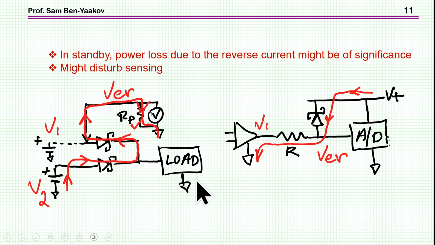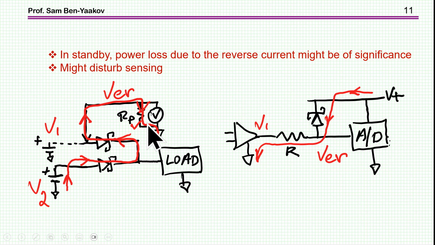I'm bringing here two cases which are related to sensing, you might say. Here I'm showing a case in which you have an OR arrangement between two power supplies, say two batteries feeding a load. Suppose the voltage V2 is higher than V1, then there is a conduction here. And now in many applications, you'd like to sense whether there is a voltage here, or a connection to a battery, say.